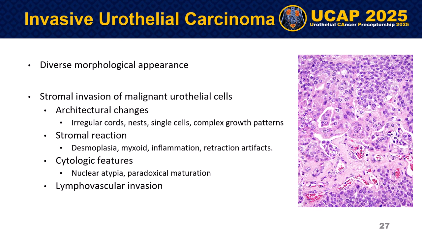Additionally, there may be stromal reaction, and this reaction can range from the common stromal desmoplasia, myxoid change, or dense inflammatory infiltrates. Other times, there may be retraction artifacts, where an artifactual space is formed between the tumor border and the surrounding stroma. Of course, the presence of tumor cells within blood vessels and lymphatics is another telltale sign of invasion.